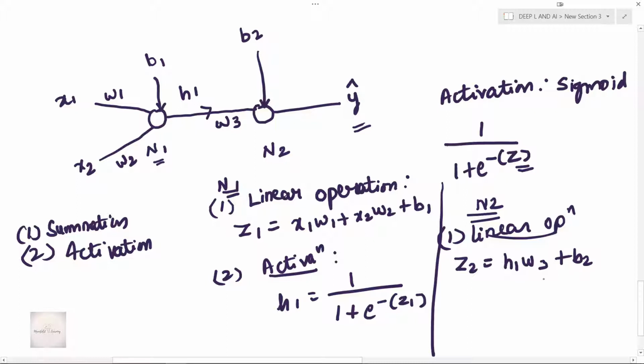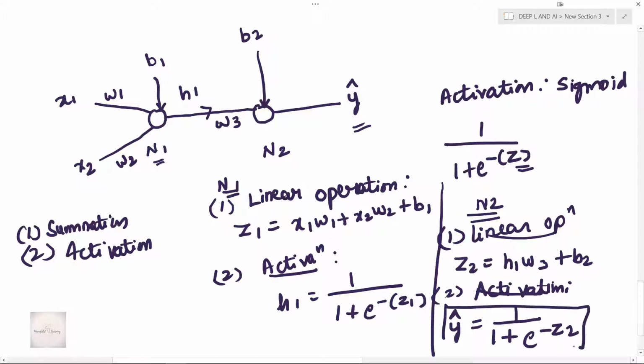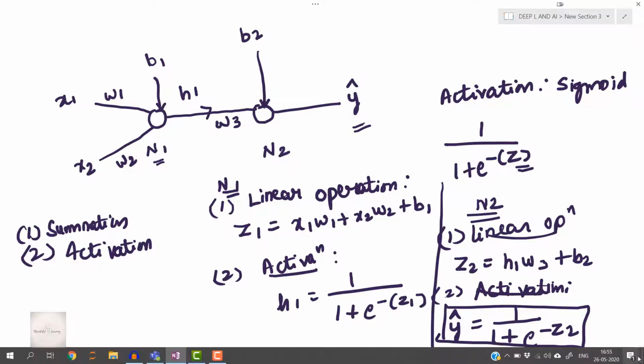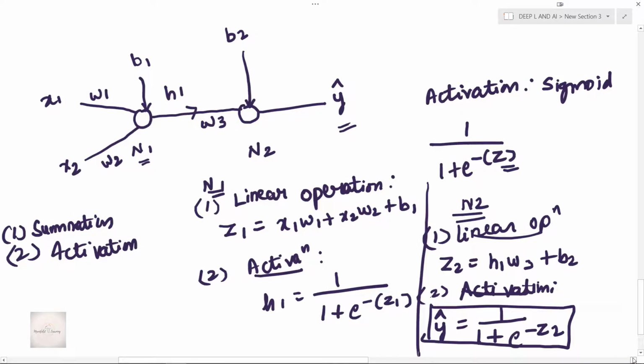This is the result of the linear operation on the neuron N2. The next thing is activation. If I perform the activation, I get the Y hat, right? So Y hat is equal to 1 over 1 plus e power minus Z2. This is the value of the output of the entire network of two neurons.